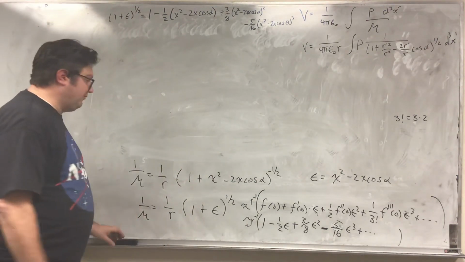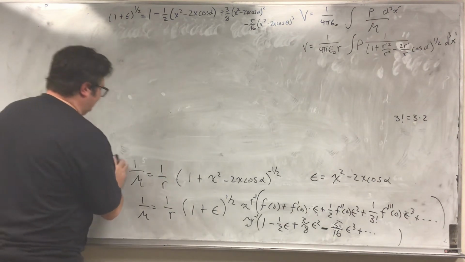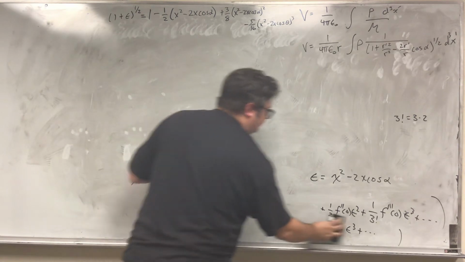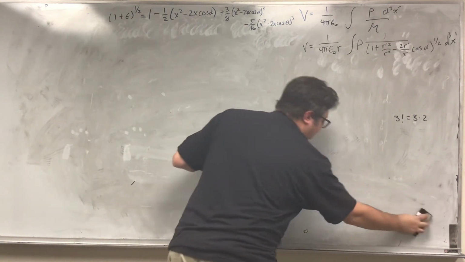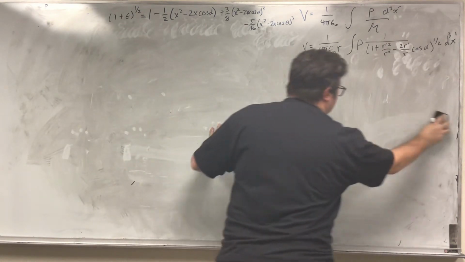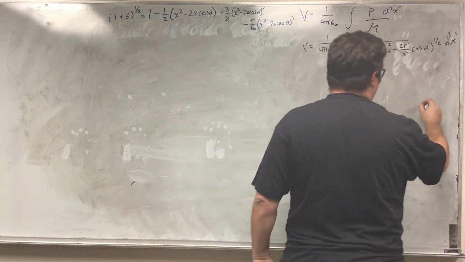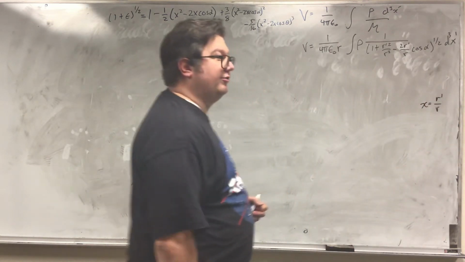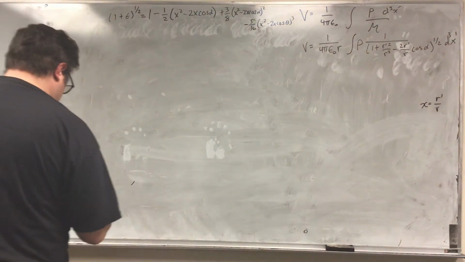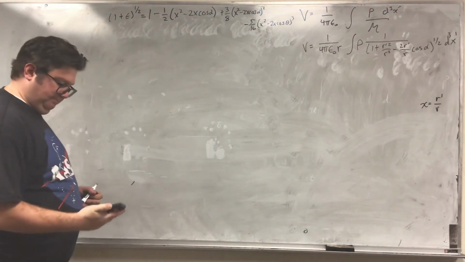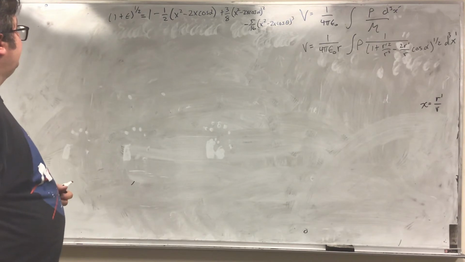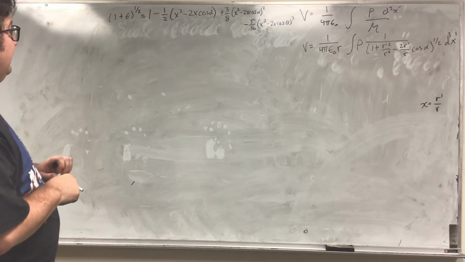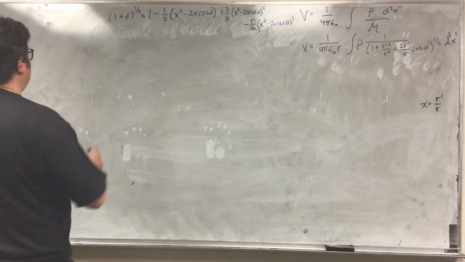So, let's reduce it some more. Ugh, it's such a pain, right? So remember that x is equal to r prime over r as we work through this problem. Let's now expand this out some.